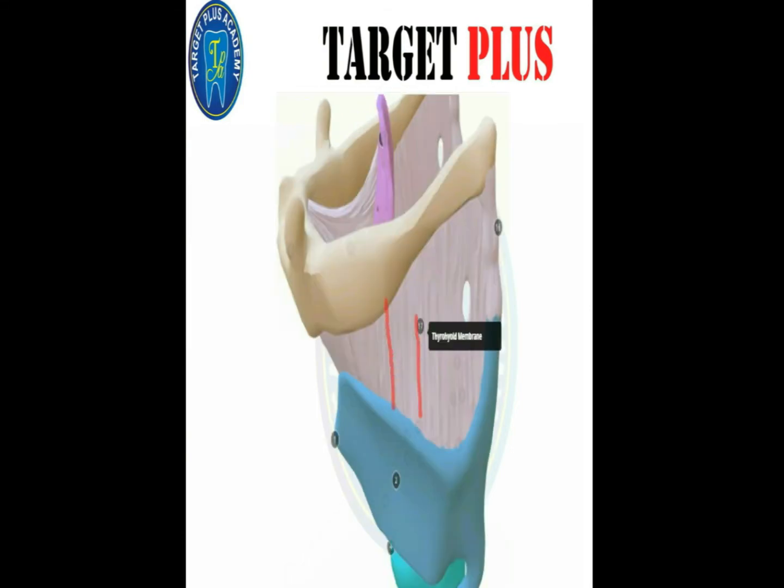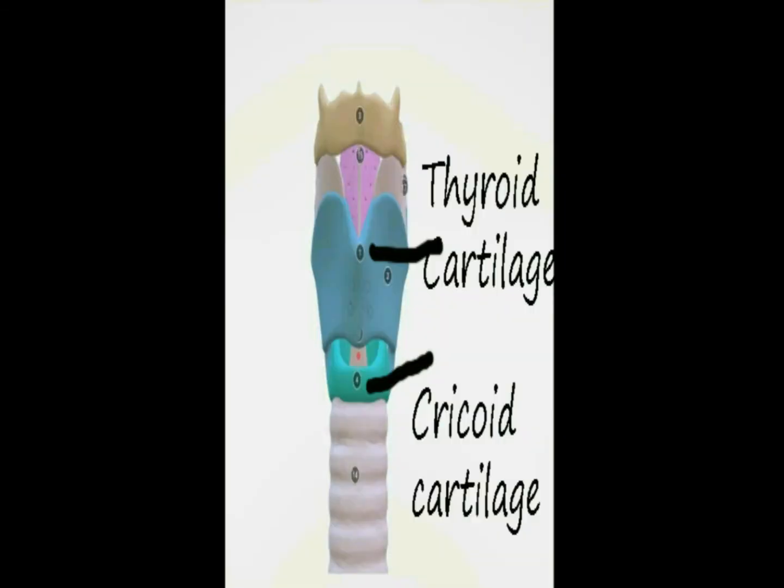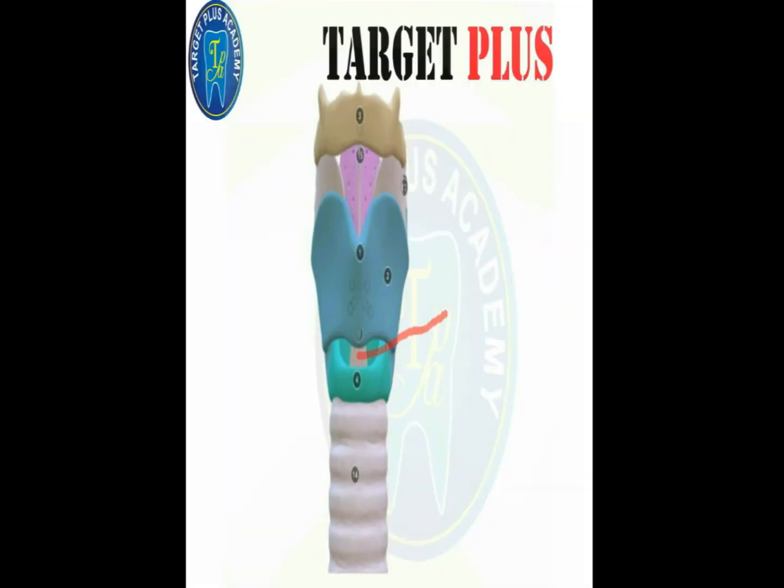So this is the lateral thyroid ligament. Whereas the inferior cornu articulates with the cricoid cartilage. So this lower one is the cricoid cartilage, and the inferior cornu articulates with the cricoid cartilage to form the cricothyroid joint. So this is the cricothyroid joint.